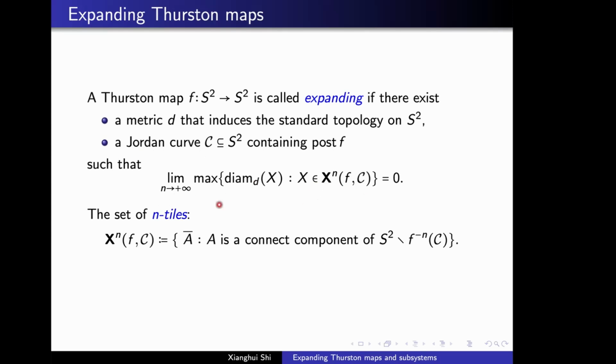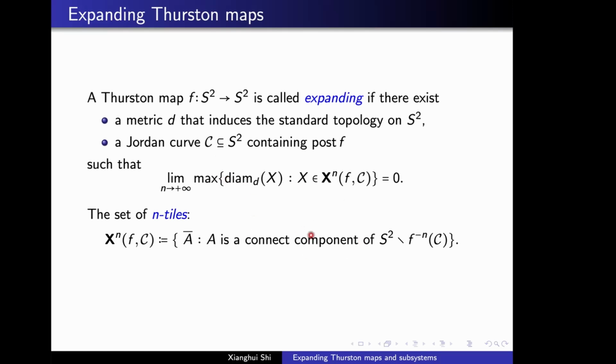Here, X^n is the set of n-tiles, and each n-tile is the closure of a connected component of the sphere minus the nth preimage of the Jordan curve C. And this definition is actually independent of the choice of metric d and the choice of Jordan curve C. This definition is topological.